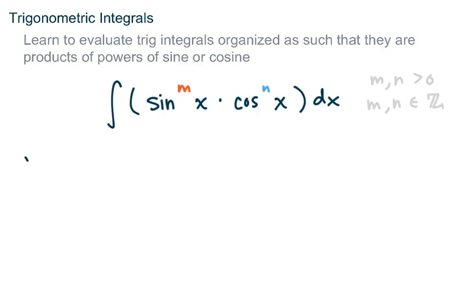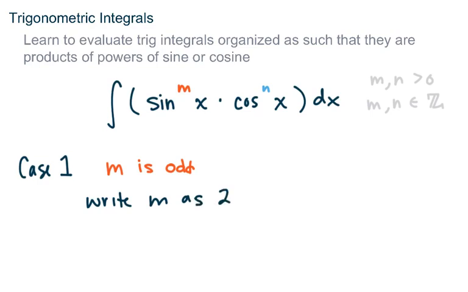So the first thing we have here is case 1. And what case 1 says is that m, the power on sine, is odd. So we're going to write m as 2k plus 1, and we'll use a Pythagorean identity.